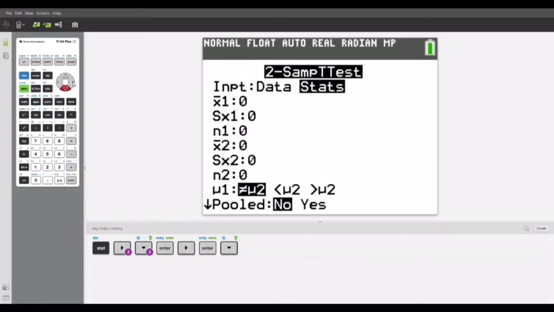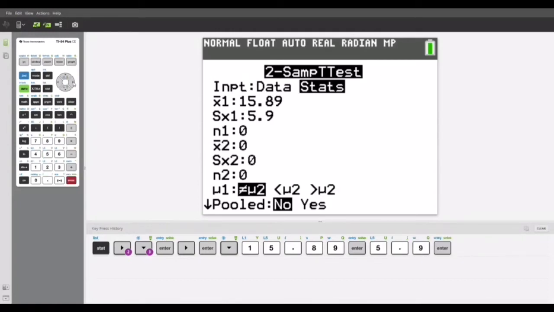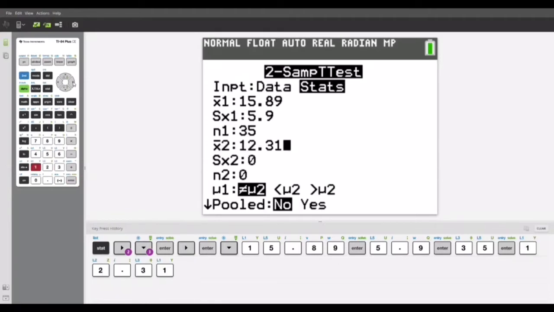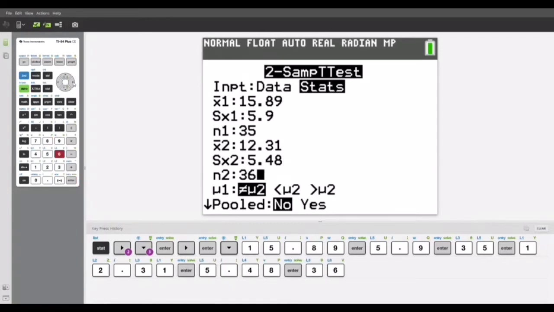We know that X1 bar is 15.89. S1 is 5.9. Our first sample size is 35. For our second set of data, the blue background, X bar is 12.31. Our standard deviation is 5.48. And our sample size is 36.